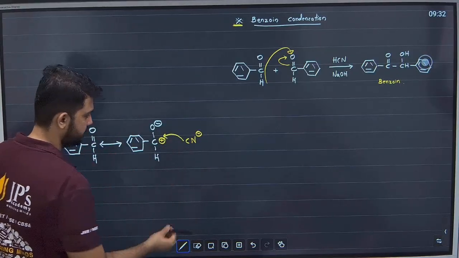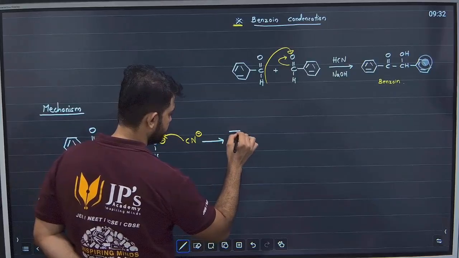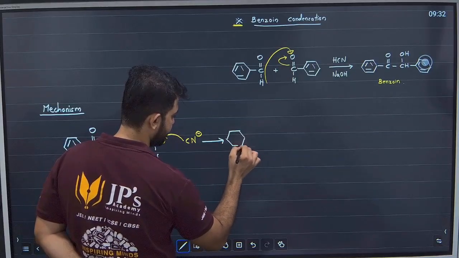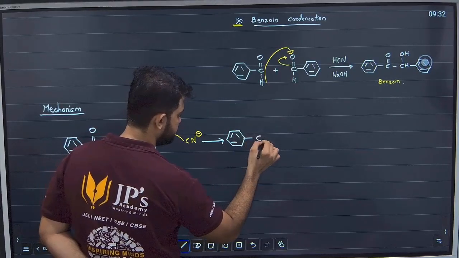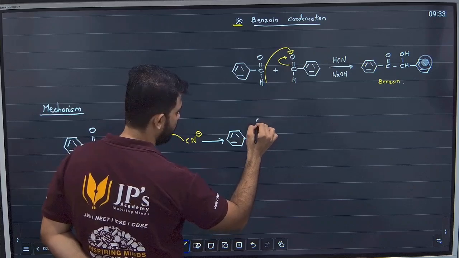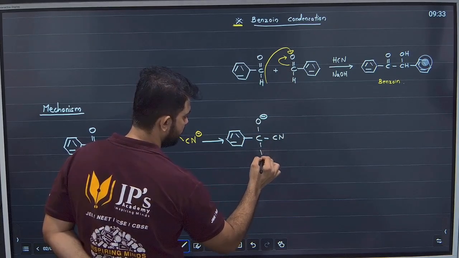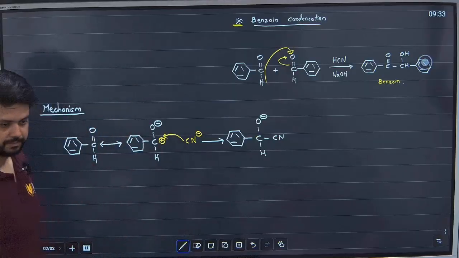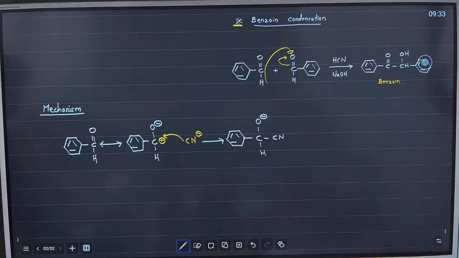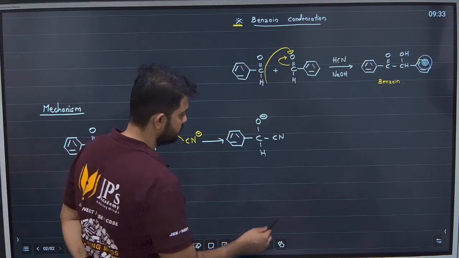This comes here, so we have C O minus, CN and H. Okay? Now, see what's happening here.